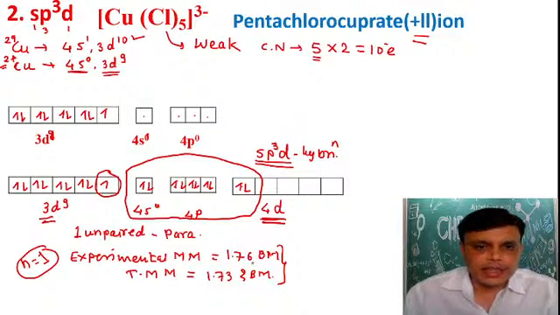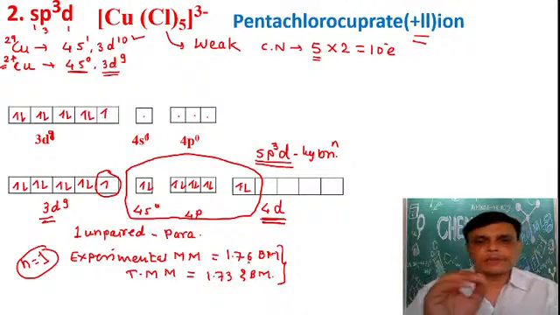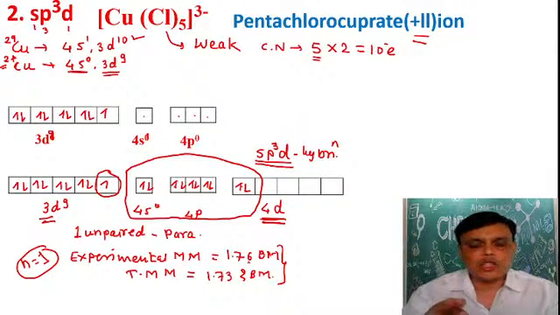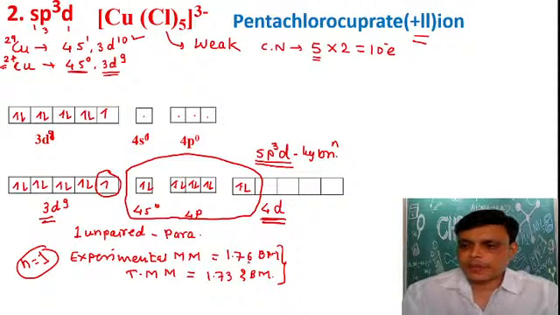So we can say that the observed and actual geometry of this compound is TBP, trigonal bipyramidal, and hybridization is sp3d. ठीक है. Understood these two types of hybridization? Yes or no?